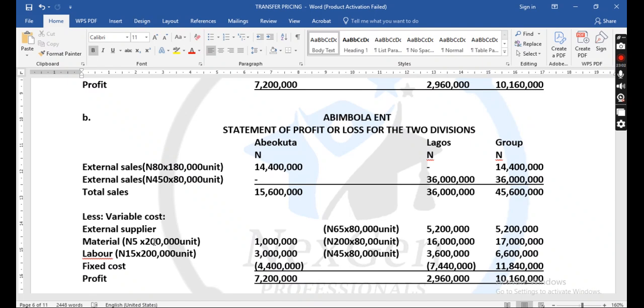Are we still using the 200 units here, class? No, we are not using 200,000 units because we are only supplying 180,000 units.